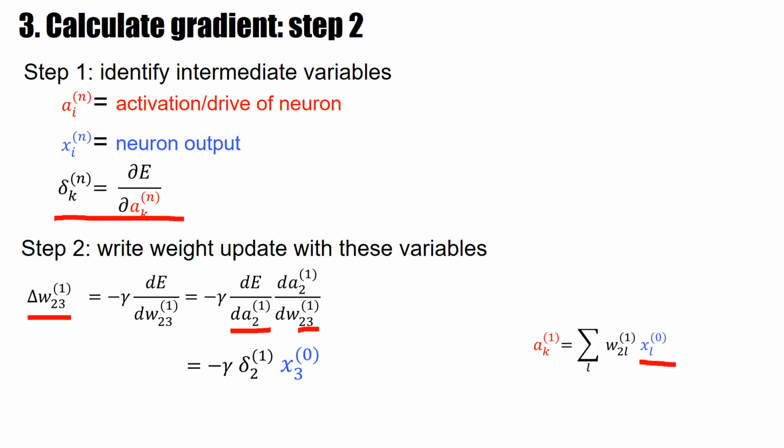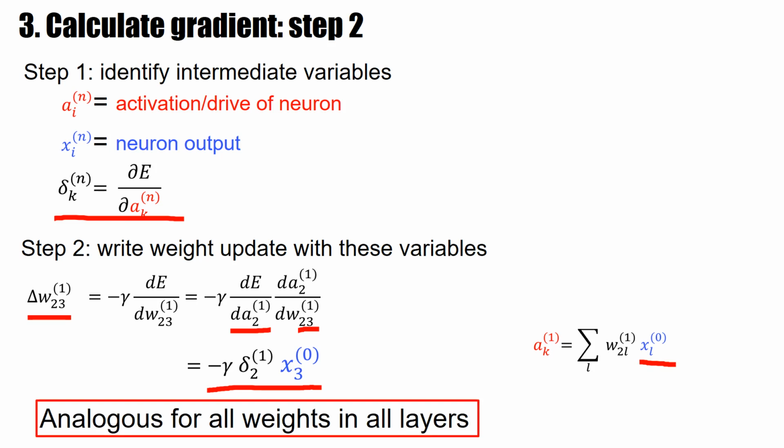And so this is X3 in layer 0. So this is now our update rule. Now I derived this for the change of the weight 2, 3 of layer 1, but analogously we can write the formula for all other weights in all other layers.